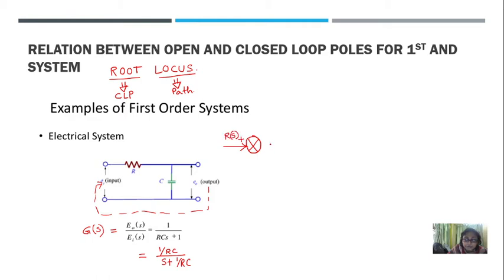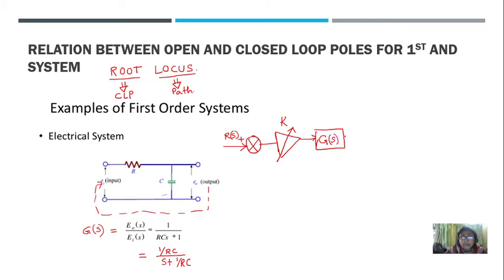I am adding a variable amplifier gain with it. It is variable. Suppose this is a value K. I am adding it up with the system transfer function G(S).